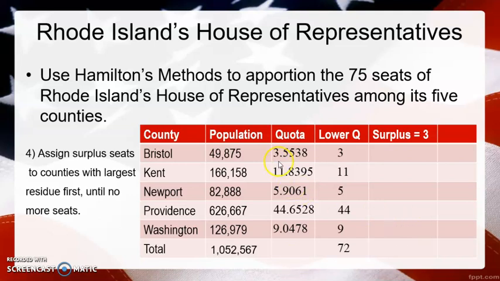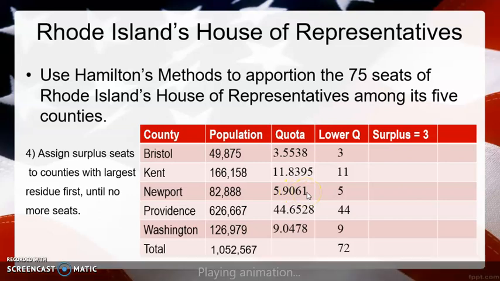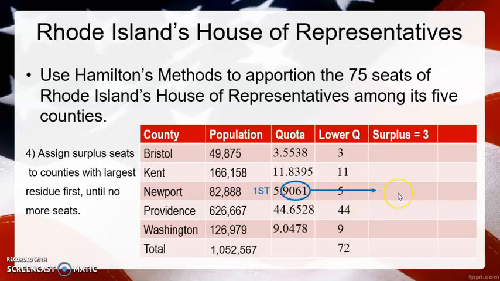For Bristol, the first digit, which is in the tenths place, is 5. For Kent, it's 8. For Newport, it's 9. For Providence, it's 6. And for Washington, it's 0. So 9 is the largest number in the tenths spot, and therefore Newport has the largest residue. That means we're going to give Newport the first surplus.